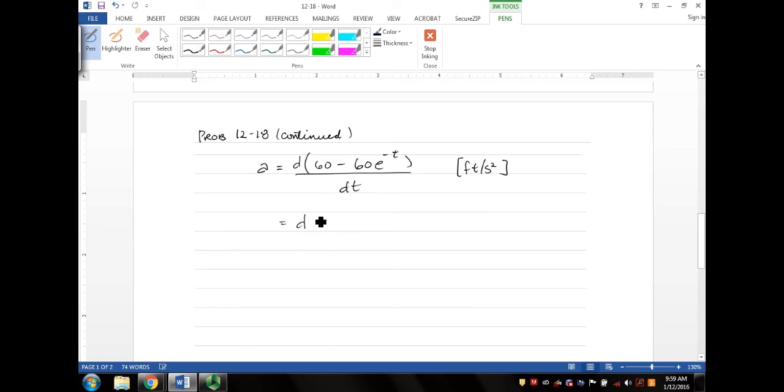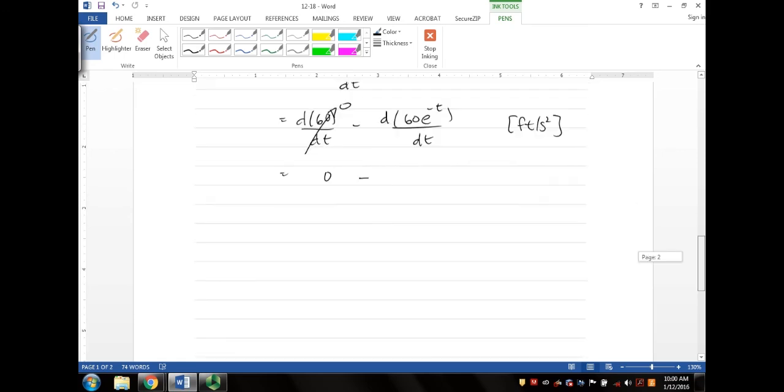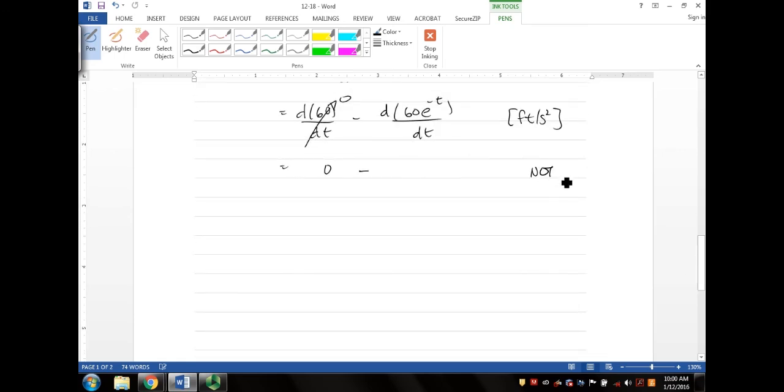That'll yield the derivative of 60 dt minus the derivative of 60 e to the minus t dt. The derivative of a constant is 0, so we're left with 0 minus the derivative of an exponential function times a constant. You should note that the derivative of e to the at is e to the at times the derivative of at.